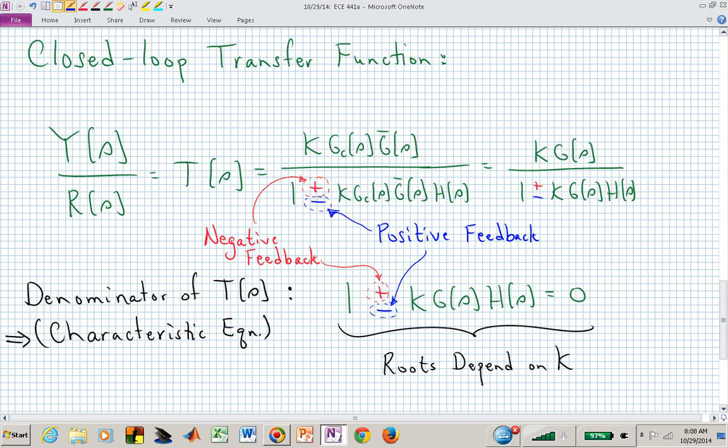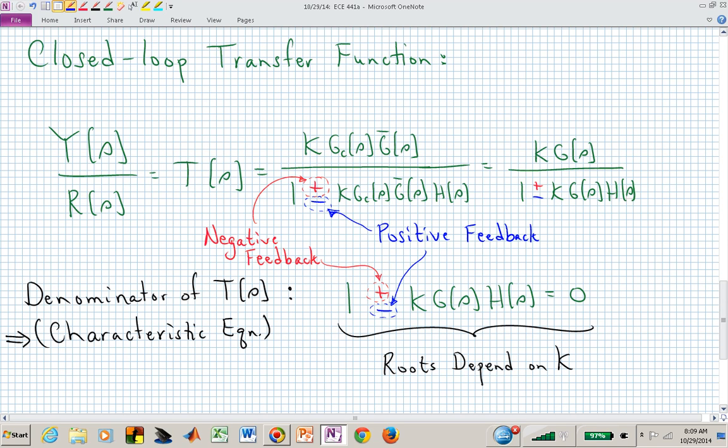And we are interested in this denominator expression, 1 plus KGH, set that equal to 0, and we want to know what values of s satisfy that equation as we adjust K from 0 up to infinity. How do the roots of this characteristic equation move as we turn that knob on K from 0 all the way to infinity?